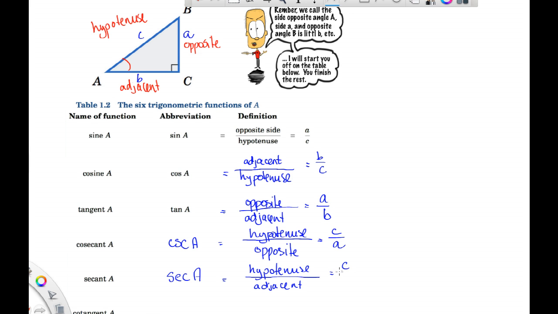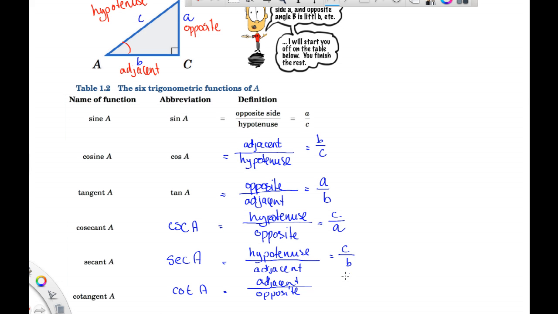So that would be C over B, and then finally the cotangent, which is abbreviated this way. Cotangent is the adjacent side over the opposite side. So adjacent would be B over A.